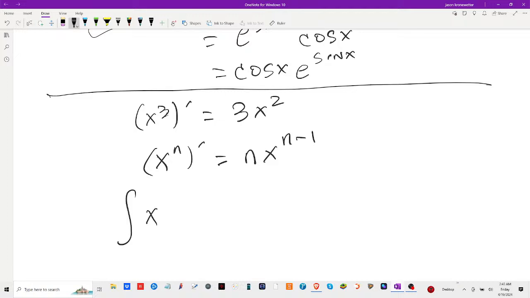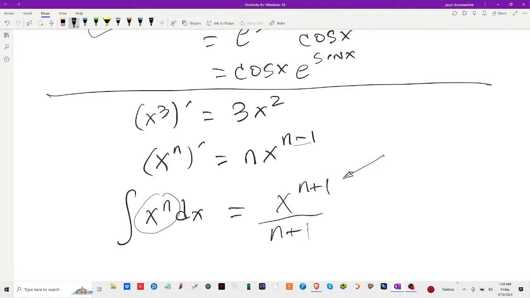I would like to know what the antiderivative of x to the n is. Well, I need the thing whose derivative is x to the n. That means I need to have, because I'm always going to subtract 1 from the exponent when I take the derivative, I better have one more, so I have the n plus 1 in the denominator so that I don't have that extra term.